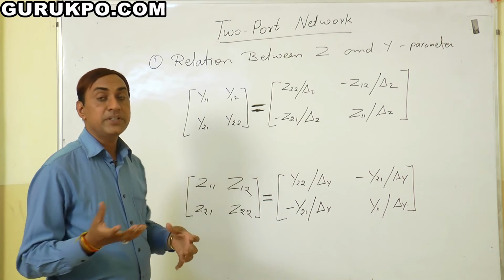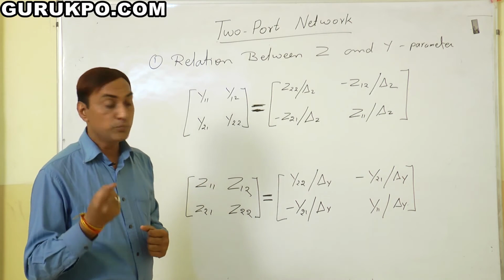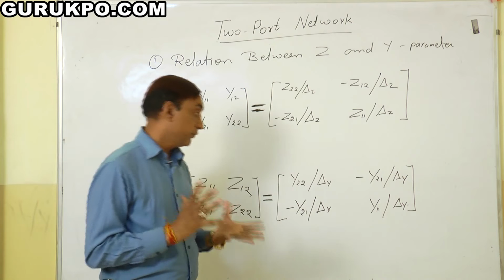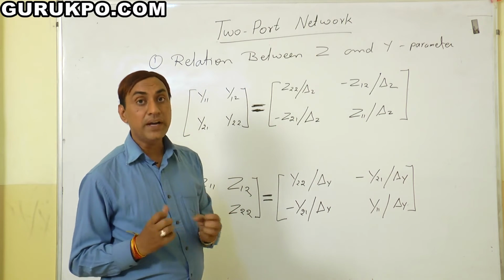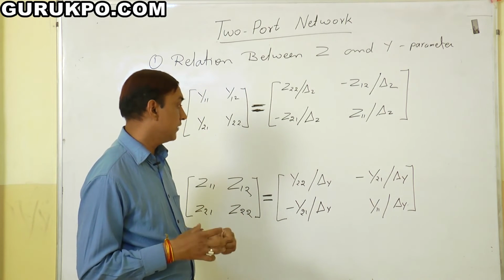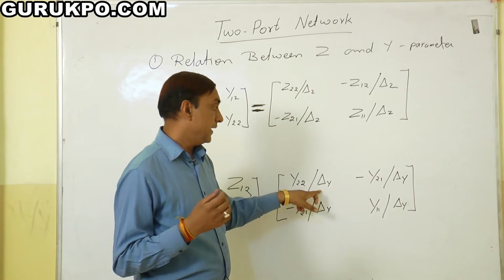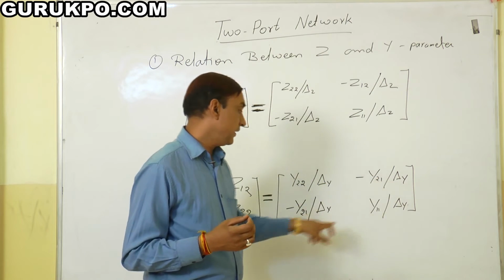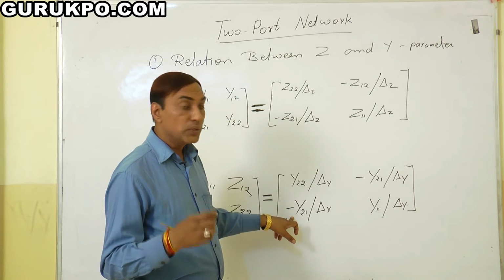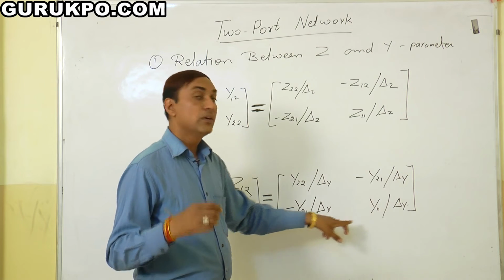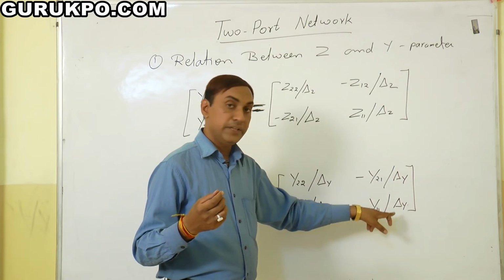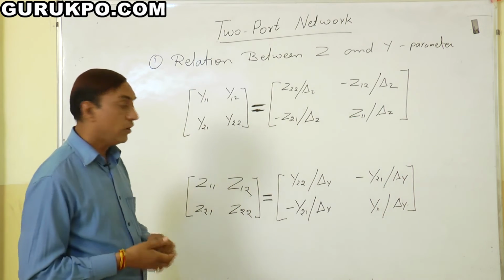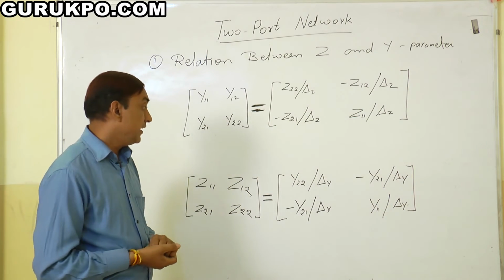These are the parameters required when the two-port network is given in terms of Y admittance. So we need Y22 over del Y, minus Y12 over del Y, minus Y21 over del Y, Y11 over del Y. These are the matrices relating Z and Y.